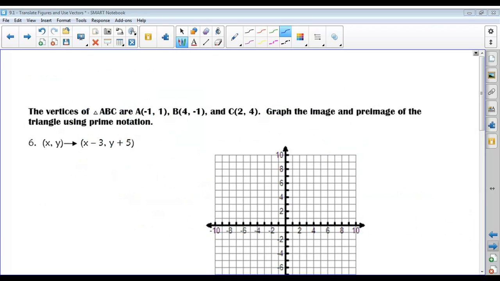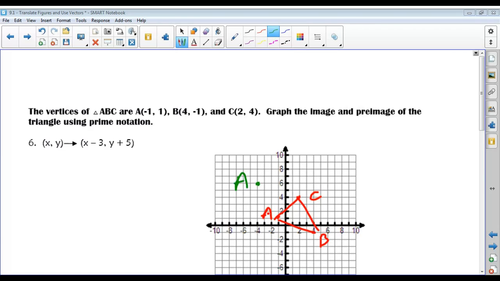Okay, and then number 6, if I plot this triangle ABC, A would be right here, B would be at 4, negative 1, so right there, and C would be at 2, 4, so right there. So I have this triangle ABC, and what I want to do is put the whole thing through this translation. All I really need to do is do those vertices, A, B, and C. If I put A through the transformation, so if I subtract 3 from the x and add 5 to the y, I'm going to get right here.